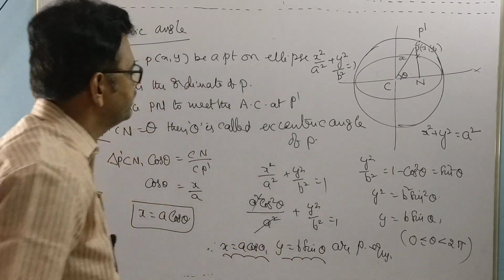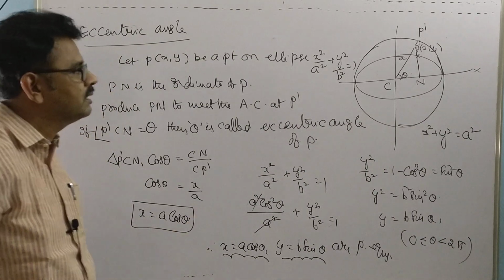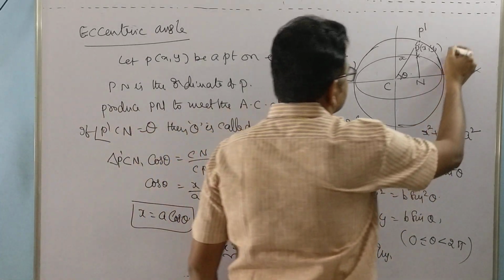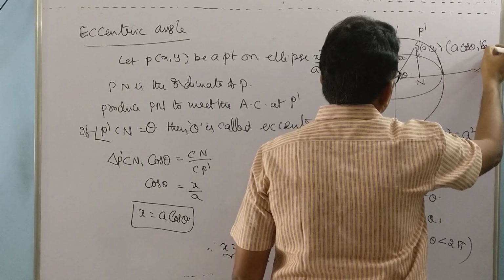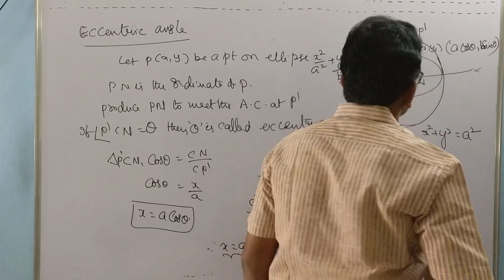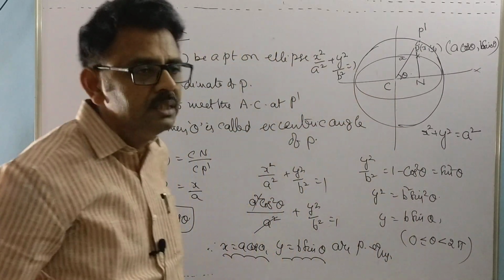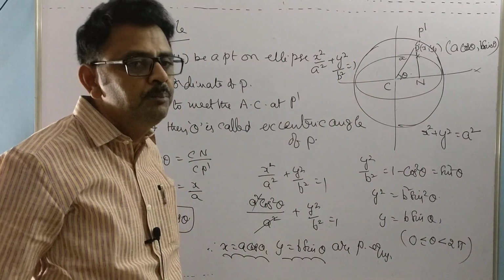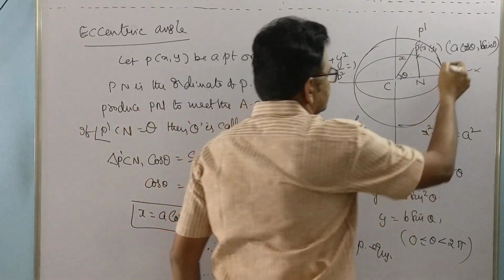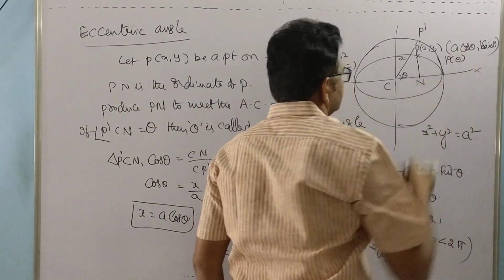And the parametric coordinates are a cos theta. So P coordinates are what? a cos theta comma b sin theta. So these are the parametric coordinates of the ellipse, and it is denoted by P theta.